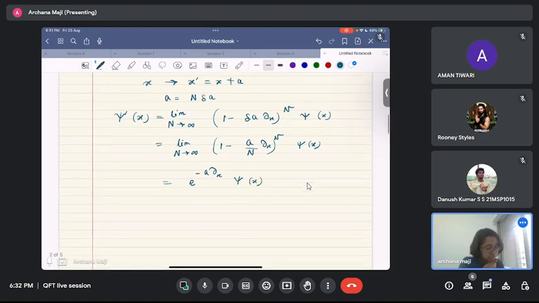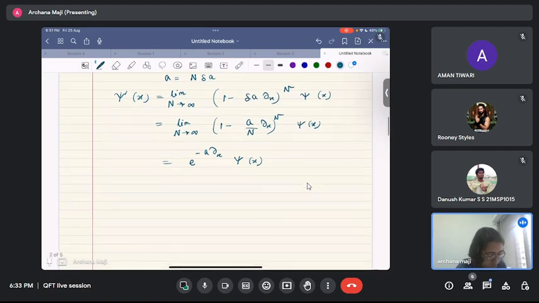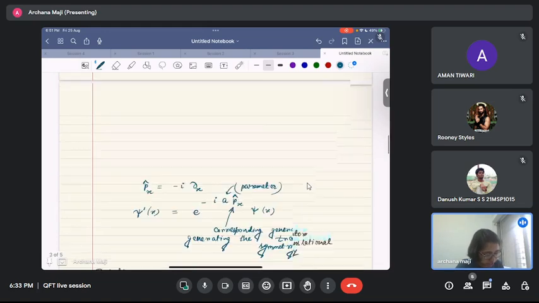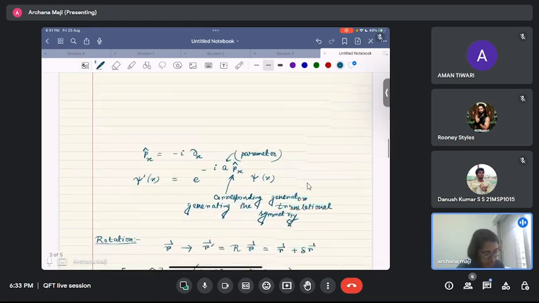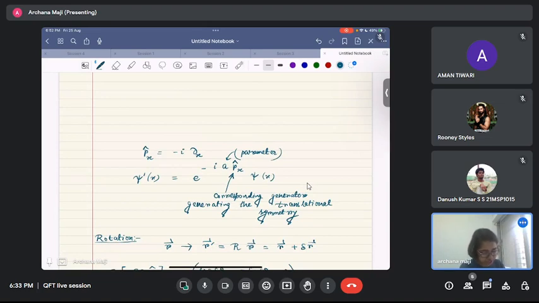Okay, so the limit of 1 minus x over n whole to the power n is exponential of x. And then replace this del x by the momentum operator to get the corresponding generator for finite translation.